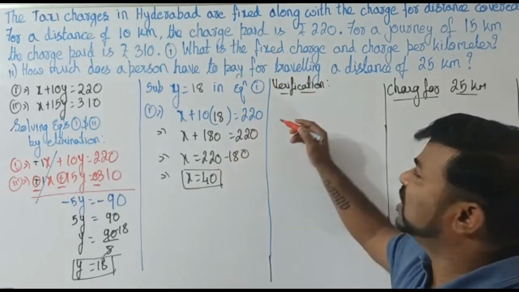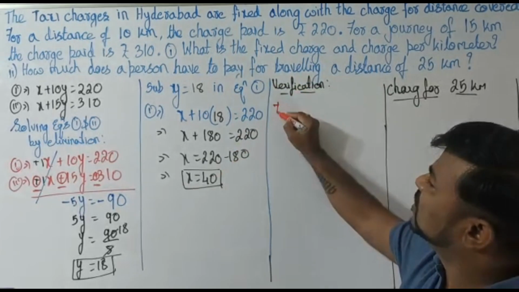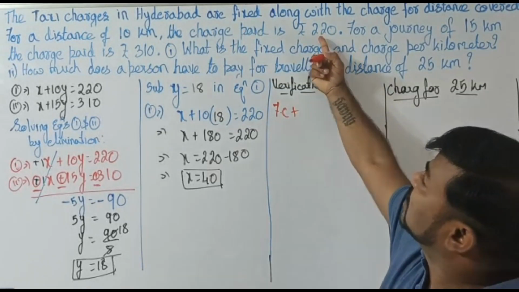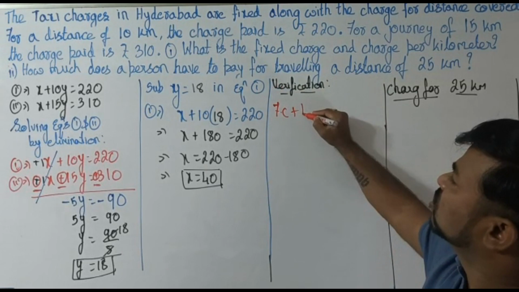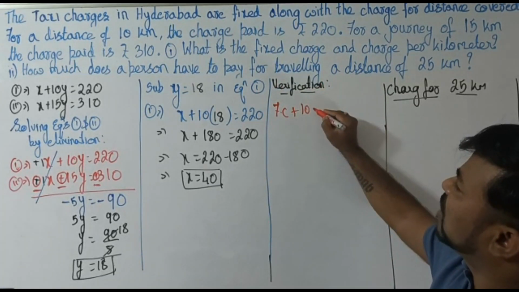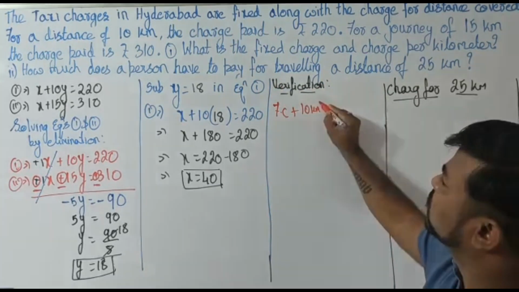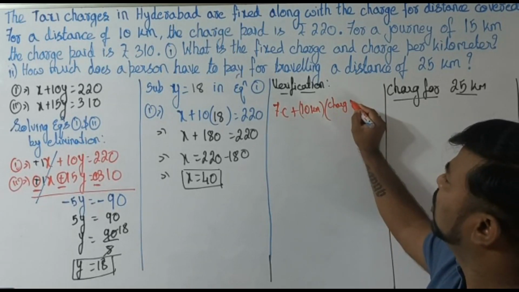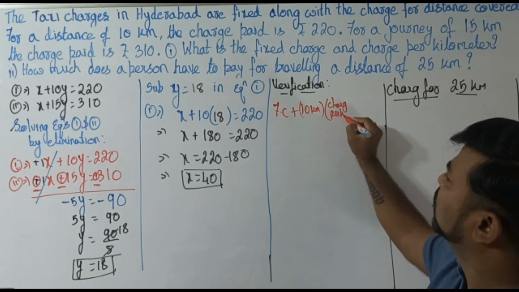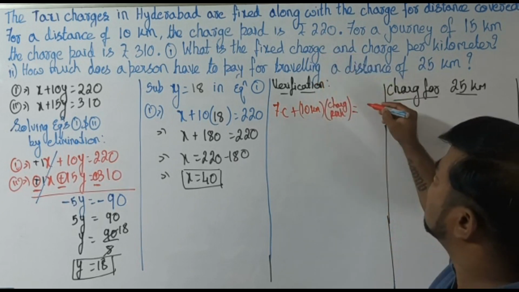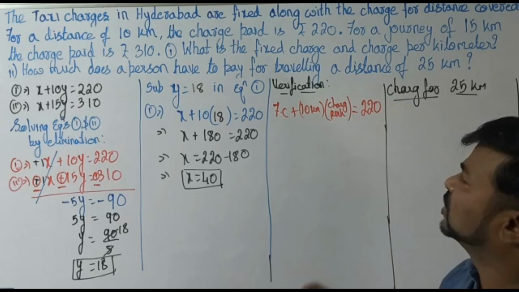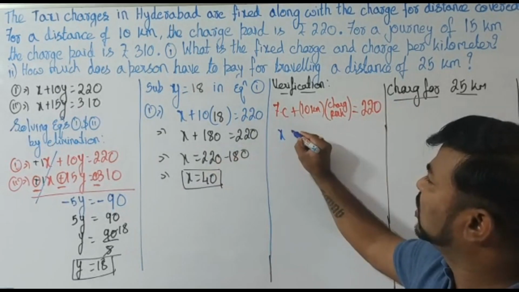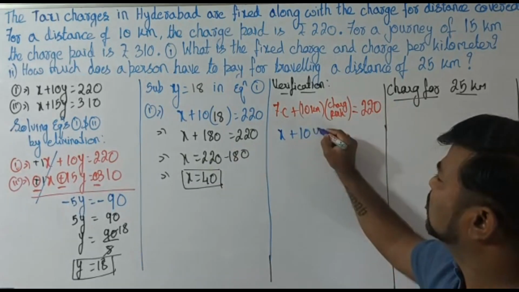According to the verification, fixed charge plus number of kilometers. Let's take the first case scenario. 10 kilometers he has traveled, 10 kilometers with the help of charge per kilometer, equals what is the total he has paid? It's nothing but 220. So the fixed charge x and 10 into y.